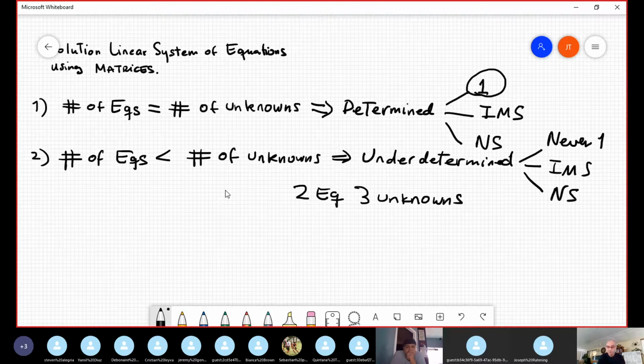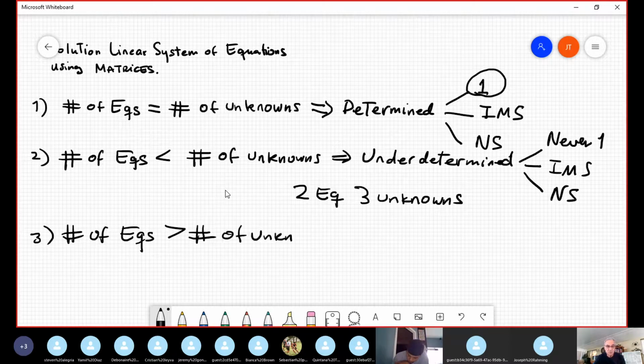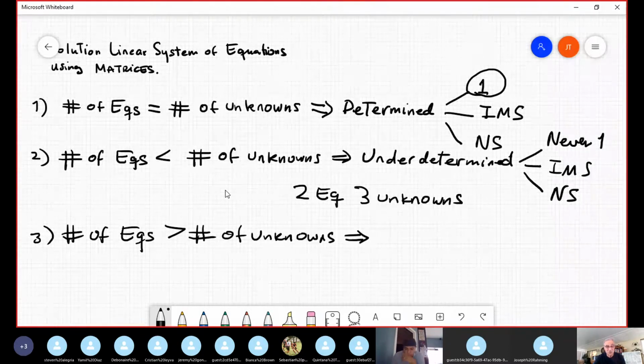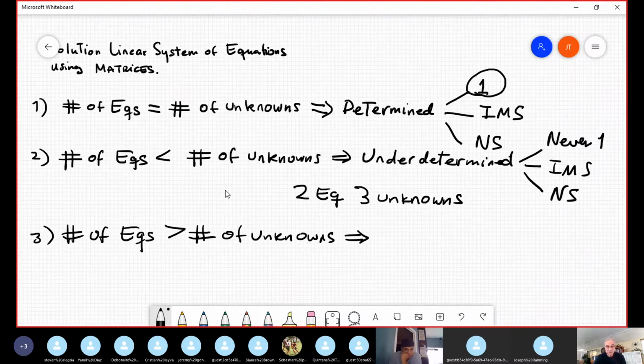It's impossible. And number 3, the opposite situation, is when the number of equations is greater than the number of unknowns. So in this case, we have too much information. But is too much information good or bad? Always good, right?